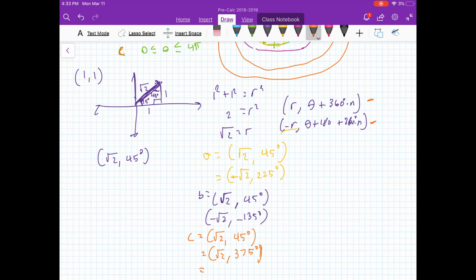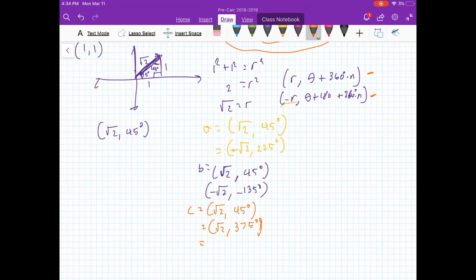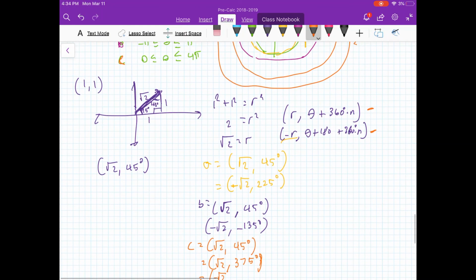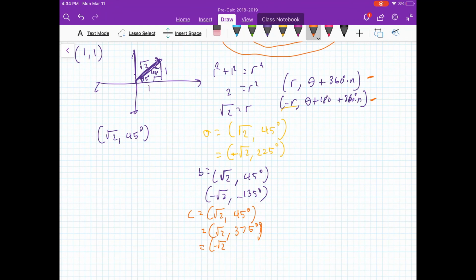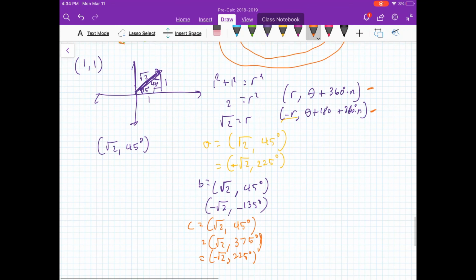But we can still do the second equation if we wanted to. The second formula. If I did negative root 2, I can add 180 degrees and get our first point, which is what we have. We've had that before. That's 225 degrees. That's still not even within 2 pi yet, so it's below 2 pi. So I can add 2 pi and get it to be below 4 pi.